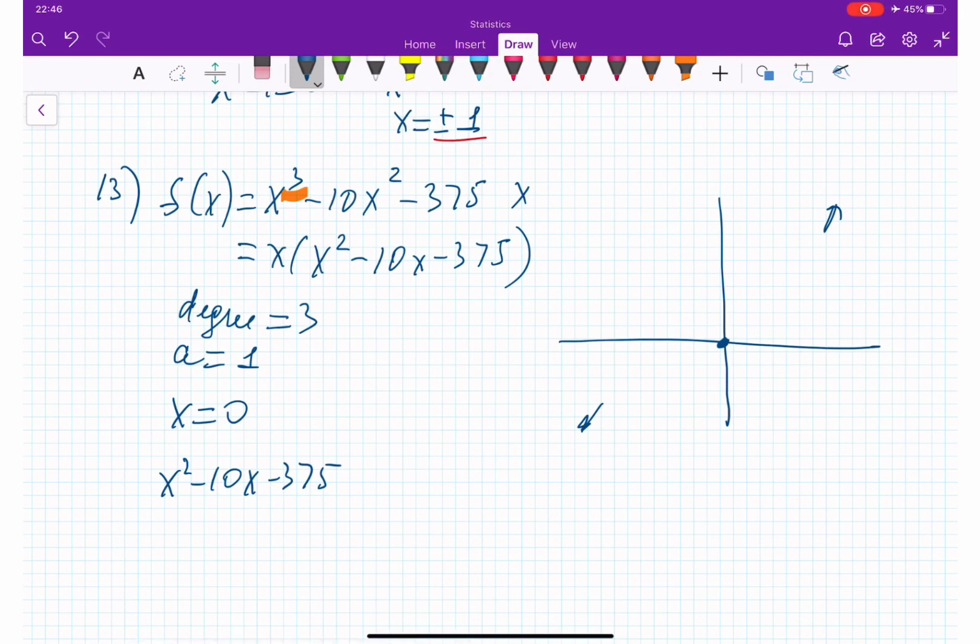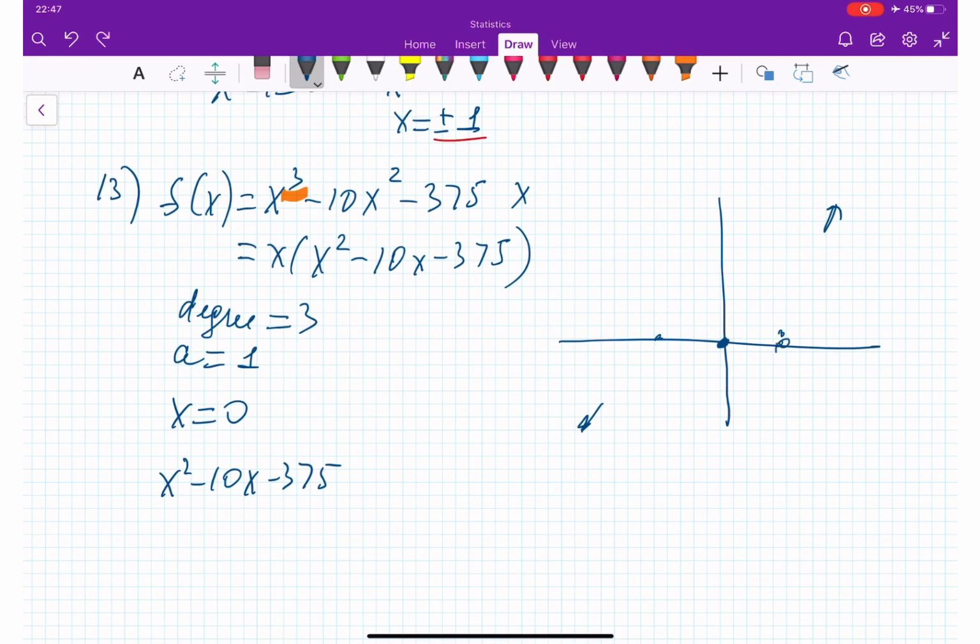We are just going to draw the shape, not precise values, because this is too big of a number to go through all this. Which means what we are going to do, since x is here, we know 0, and it has degree 1, right? So that means it's going to go like this, or it's going to go like this, correct? Okay. Since we have here x squared, that means we're going to have another 2 x's, correct? Either here or here somewhere.